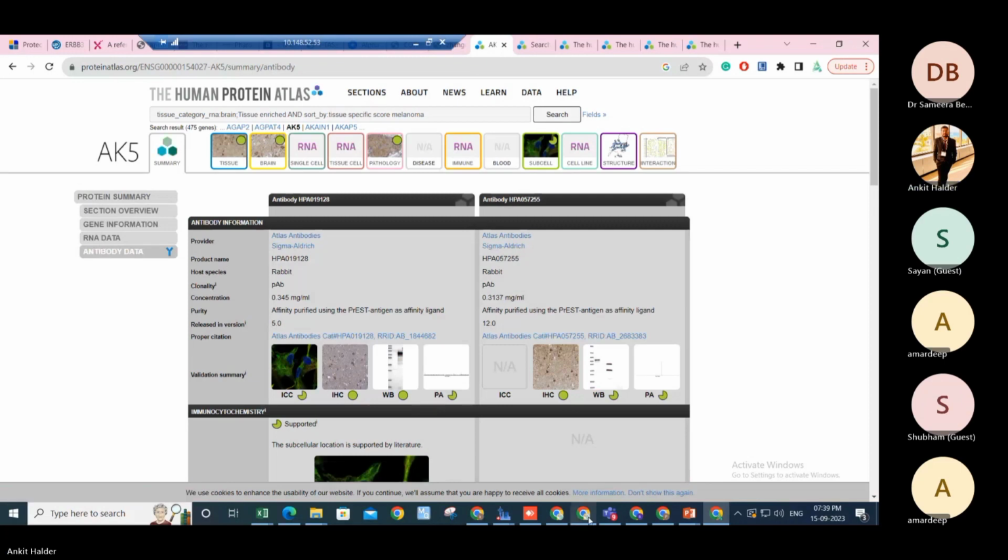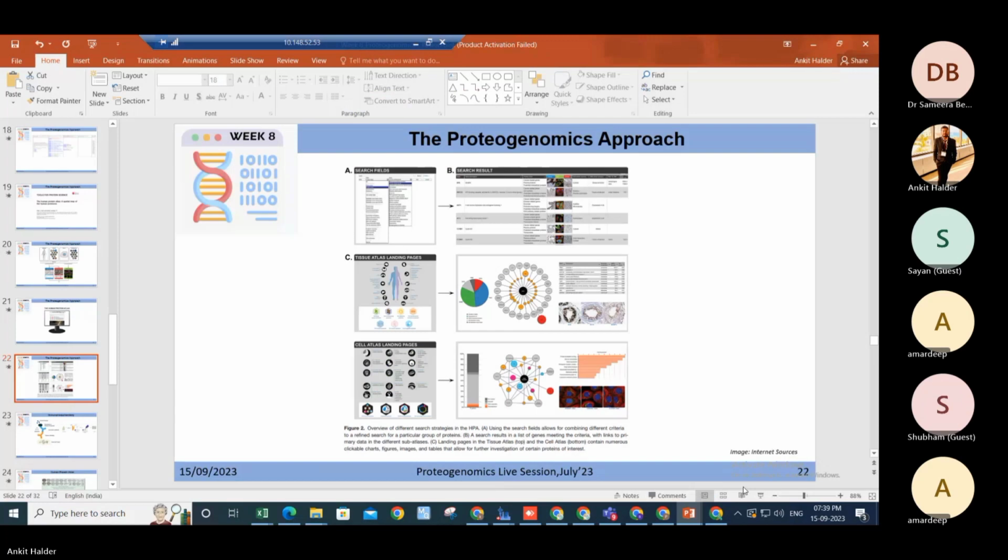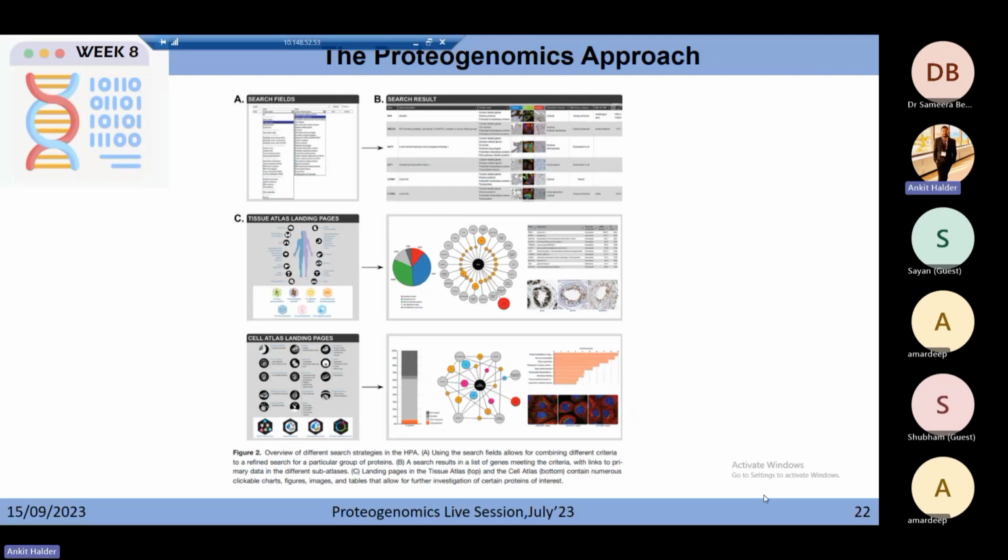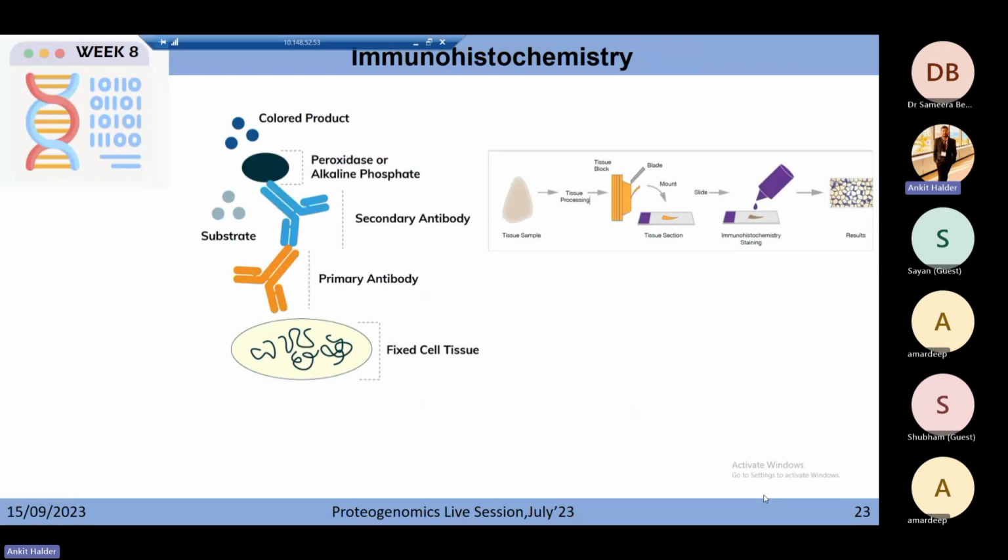So if you explore it thoroughly, you can get a much more comprehensive view of the cells and the antibodies and everything. So I just kept one or two brief basic slides of how immunohistochemistry is performed, where you have your fixed cell or tissue, and then you have the primary antibody, then the secondary antibody, and then the substrate, and then you try to find out.